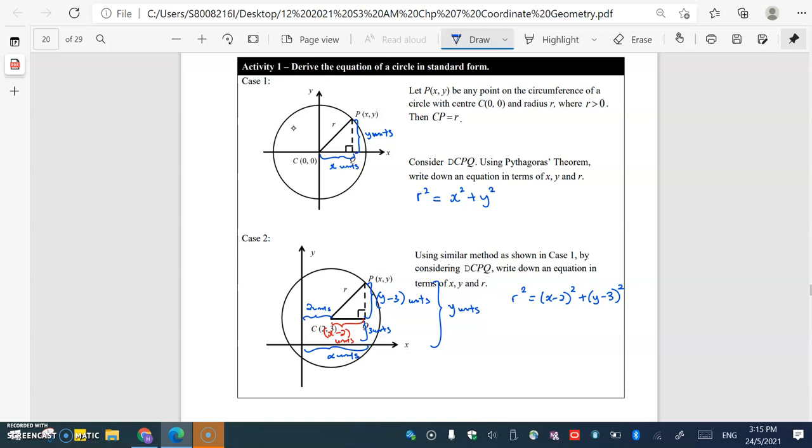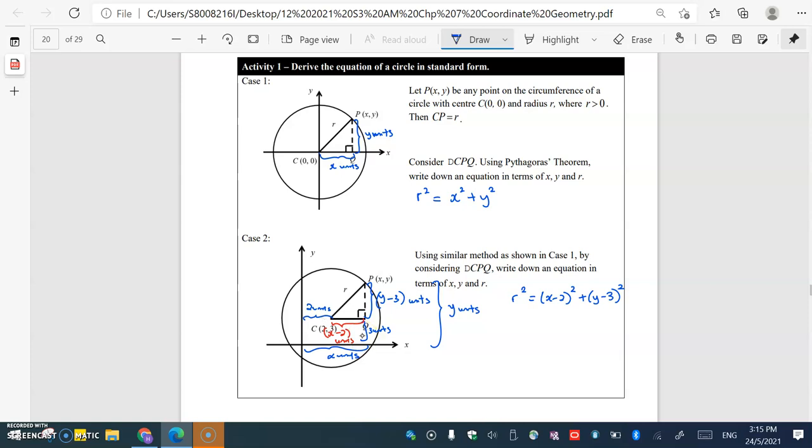Even if I shift the center of the circle, as in case 2, it is still possible to find R square if we have that right-angled triangle. In this sense, Y minus 3 square plus X minus 2 square.